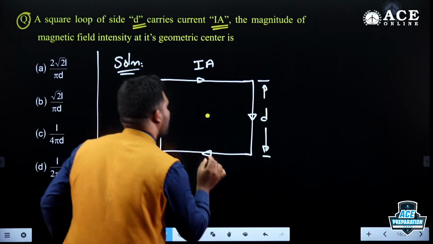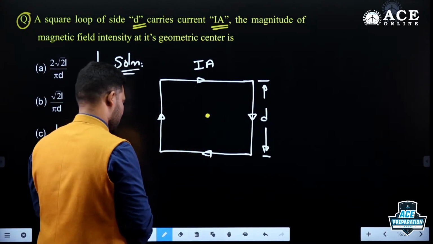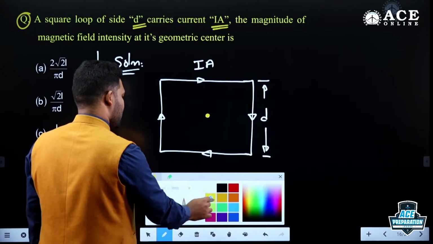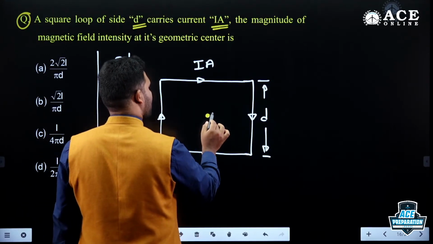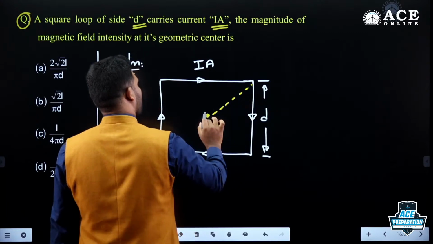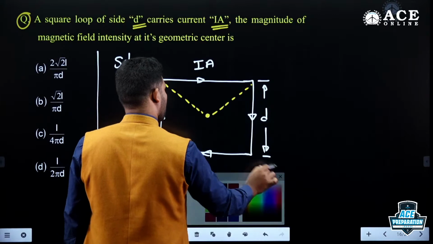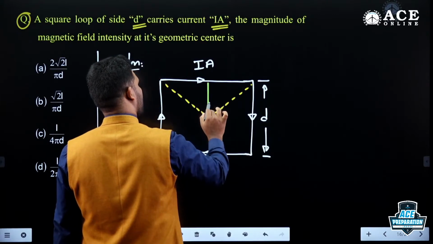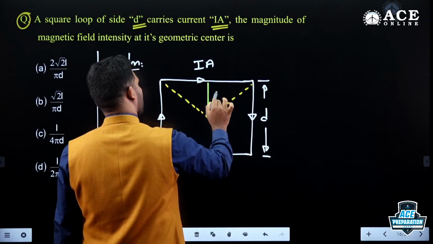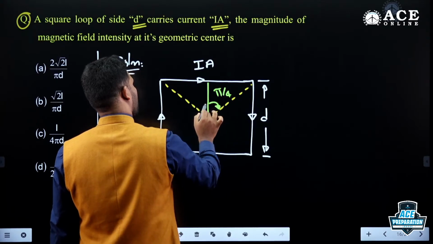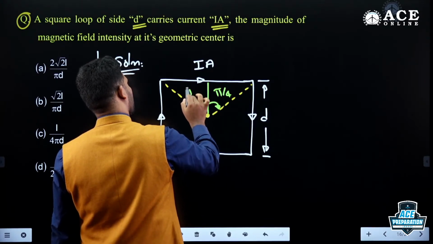So how can you find the magnetic field due to this single section? You need to see from here, you need to see the corners. Suppose you see the corners here, and the distance from here to here, this is the angle alpha 1. This angle is pi by 4. This angle will be pi by 4.